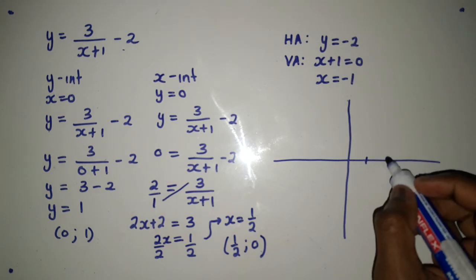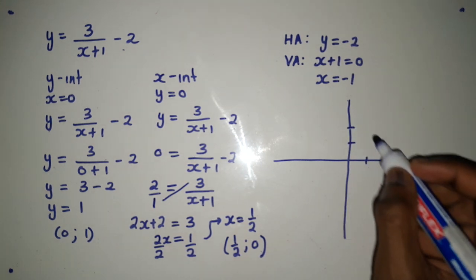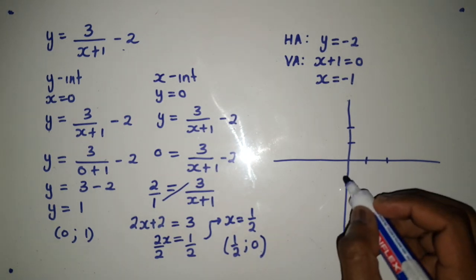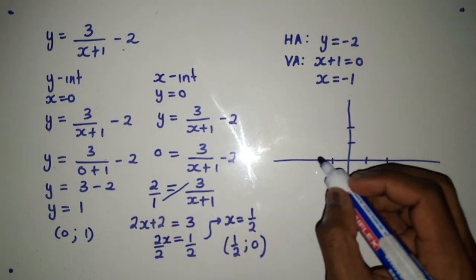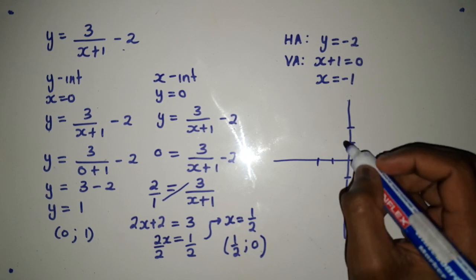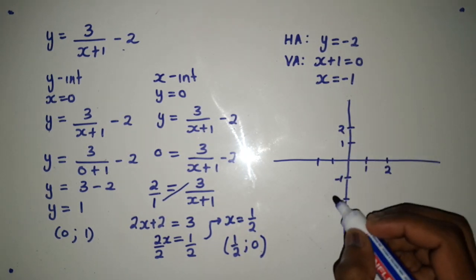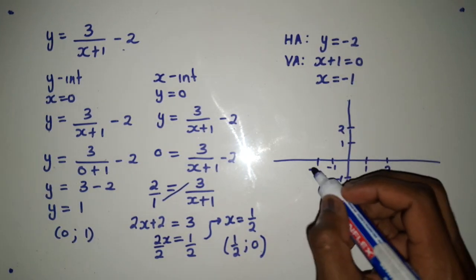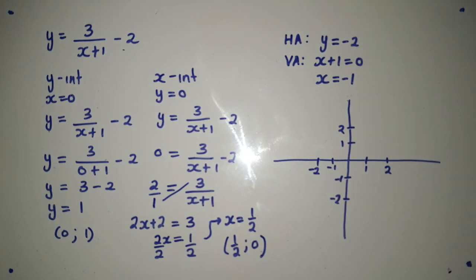We have 1, 2, 1, 2 like this, and 1, 2, minus 1, minus 2. Then I'm going to start by drawing the asymptotes.